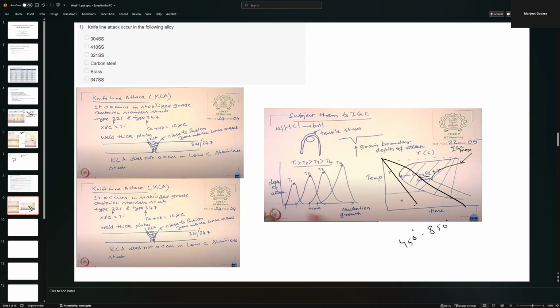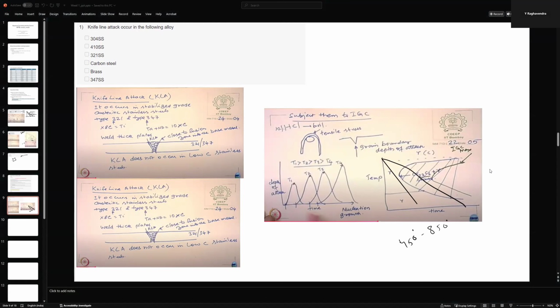In that circumstance only will intergranular corrosion occur. In the TTT diagram, only at that boundary will Cr23C6 form. If it is not in the boundary, then it will not form at all.